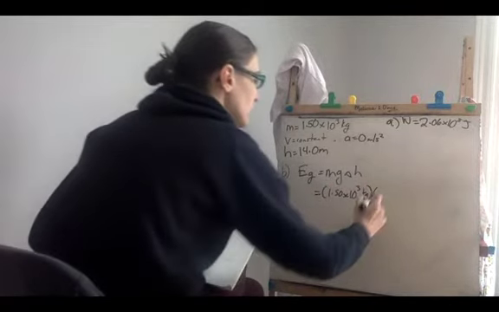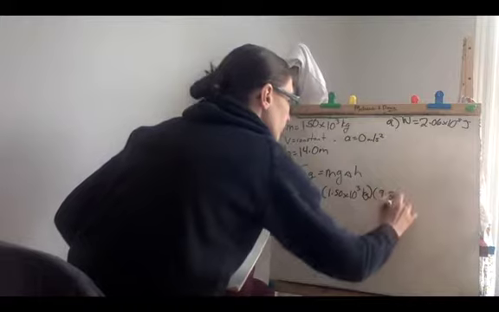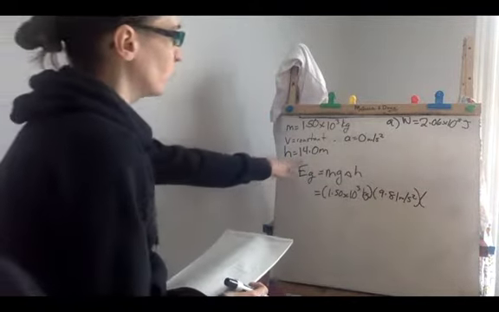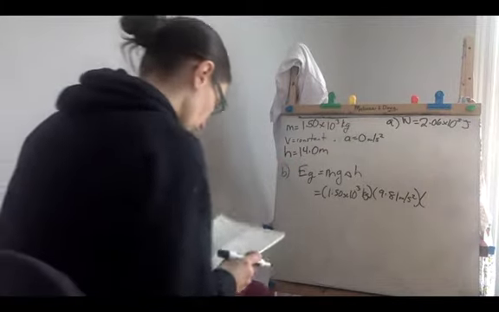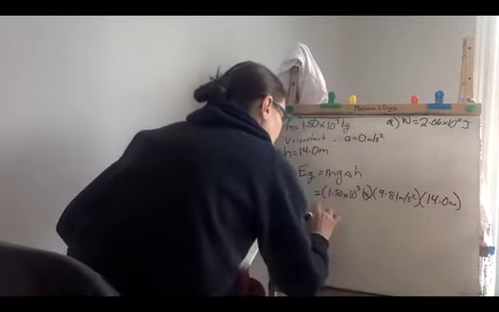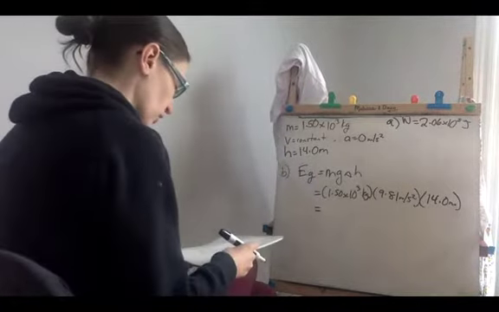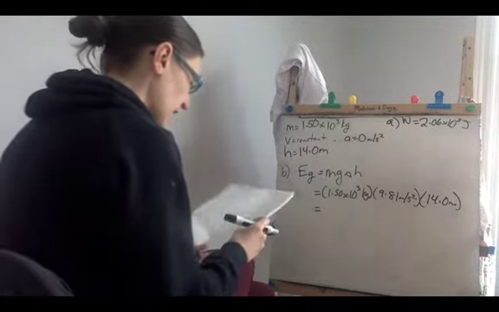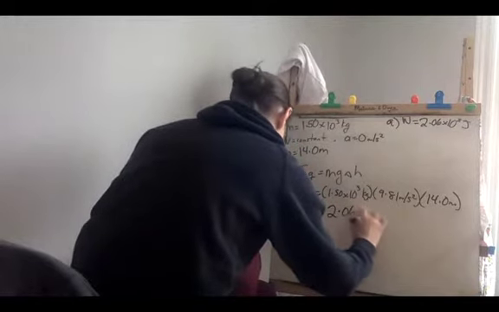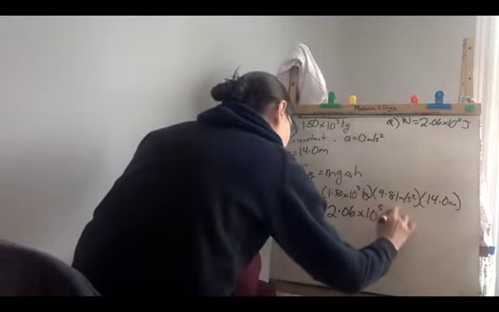We know that gravitation is 9.81 meters per second squared, and we know the change in height was from 0 to 14 meters. Right? And when we multiply all that together, we actually get the same value of 2.06 times 10 to the power of 5 joules.